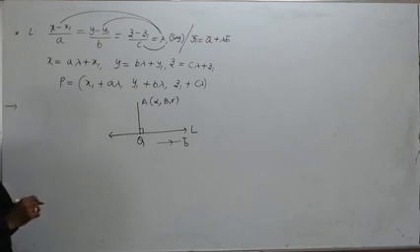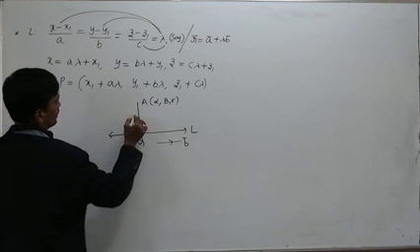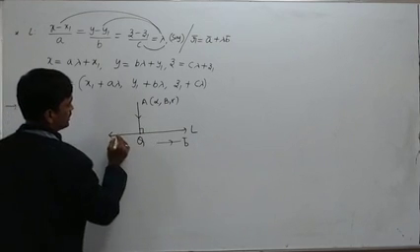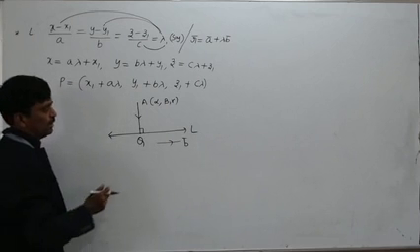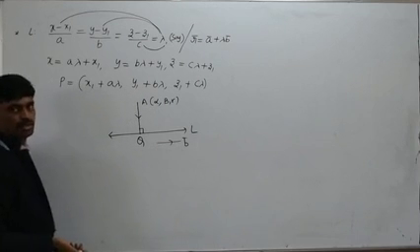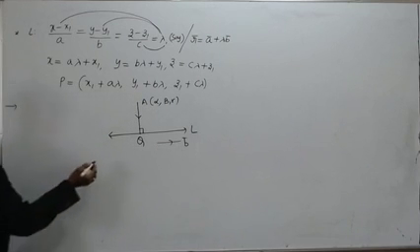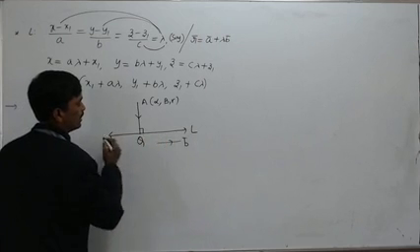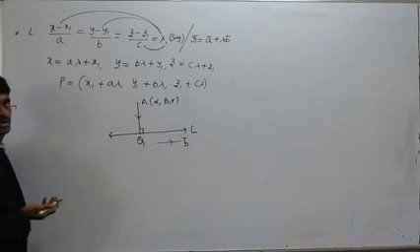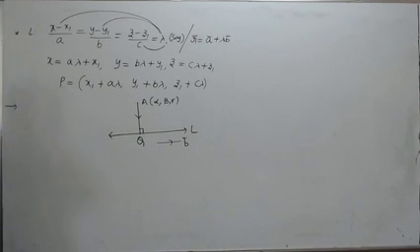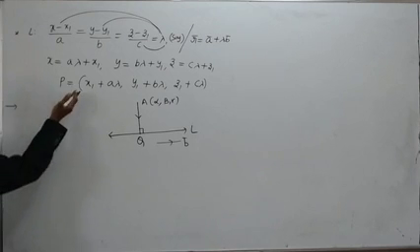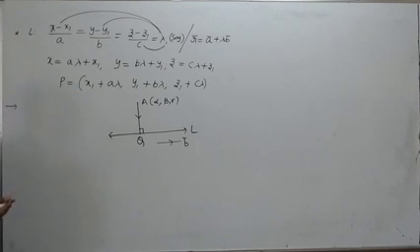If you observe clearly, the vector AQ is perpendicular to L, that is, to the vector b bar. And Q is a point on the line L, so the coordinates of Q can be taken like this. Am I correct?